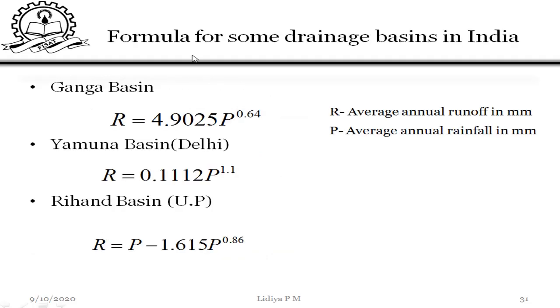Then these are the formulas for some drainage basins in India. For the Ganga basin, we use this equation: R is equal to 4.9025 P raised to 0.64, where P represents the average annual rainfall in mm. For the Yamuna basin, this is the equation, and for the Rihand basin in UP, this is the equation.